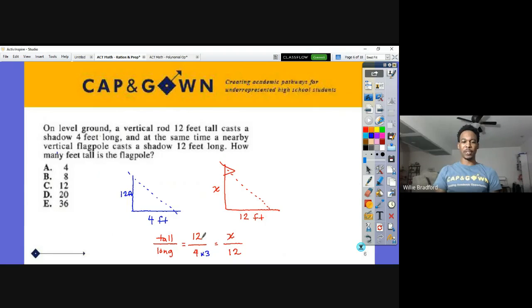And let's do the same thing to the top, multiplied by 3. That means that x is going to equal 12 times 3, which is 36 feet tall. And we can see our answer is E here. Again, if you can set it up properly, you shouldn't have too much difficulty with these problems.